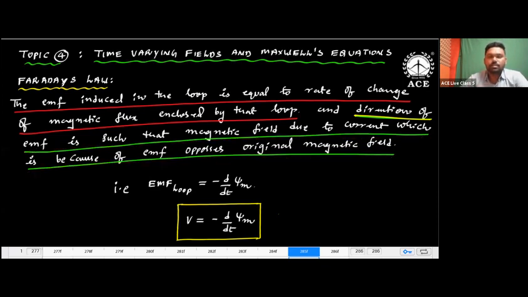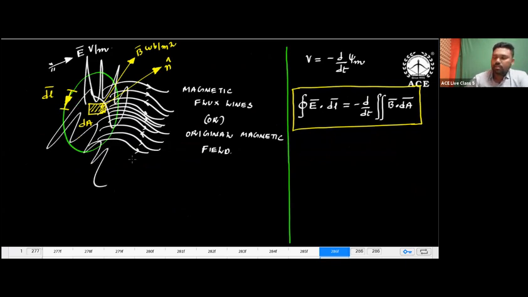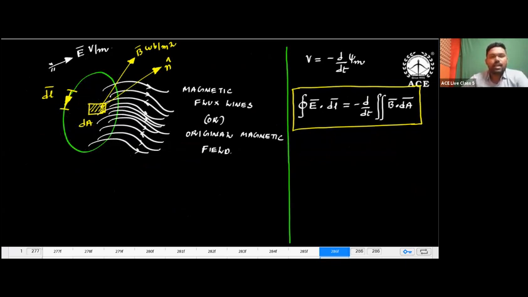What does that mean? For argument purposes, we have considered that these are the magnetic flux lines. These lines are cutting this loop, so EMF is induced in this loop.